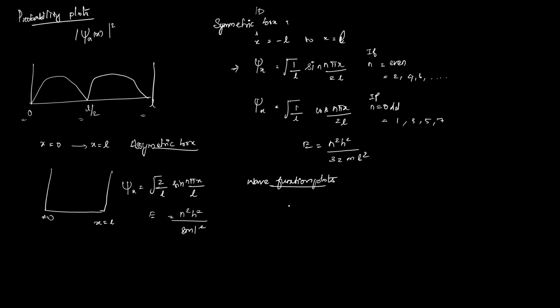So your wave function plots again for your ground state. For ground state, your n is going to be equal to 1. So this is going to be n equal to 1 in the formula, your second formula. So psi of x is equal to root of 1 by L cos pi x by 2Lக்கு வந்து ஈக்குவலாக இருக்கும்.